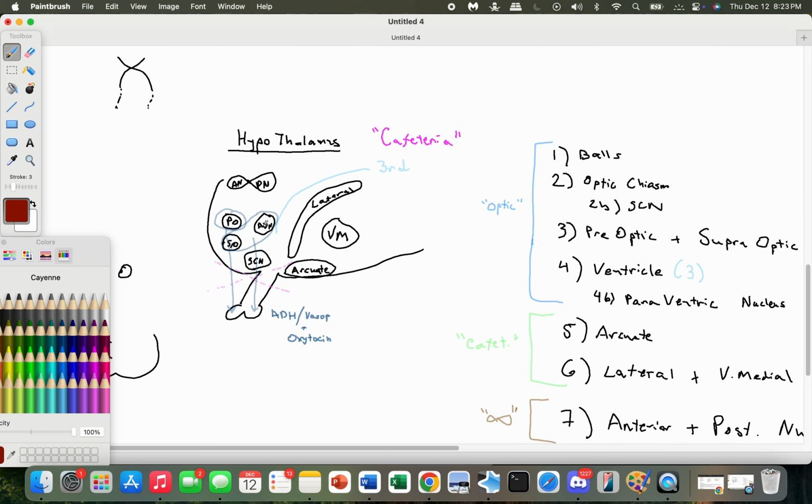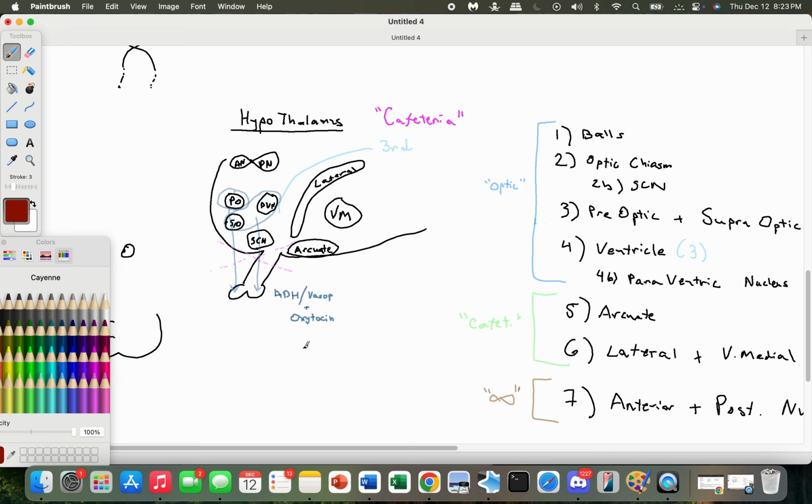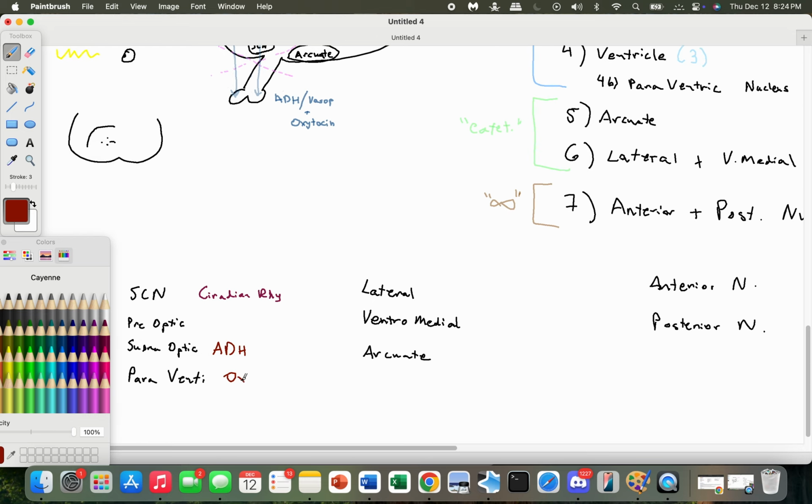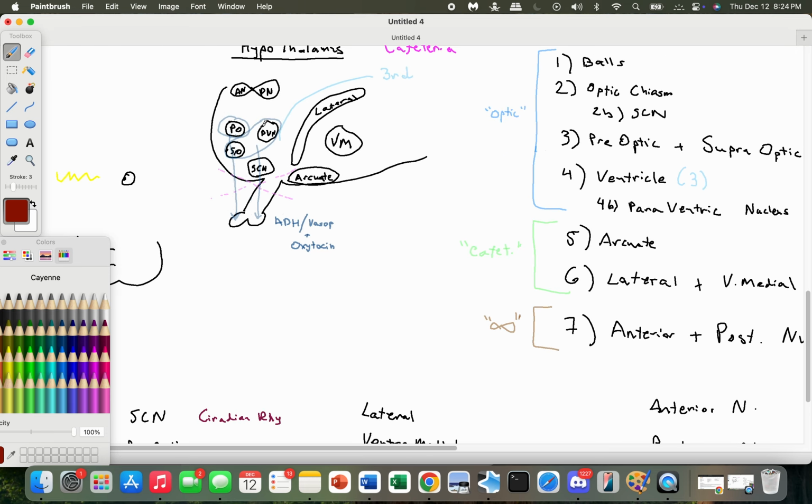And then the paraventricular, which is up here, is the second nucleus in the group, so it does a second function. The paraventricular nuclei is important for the synthesis of oxytocin. Great, and that just leaves us in this section the preoptic nuclei, which is correlated to the anterior pituitary.